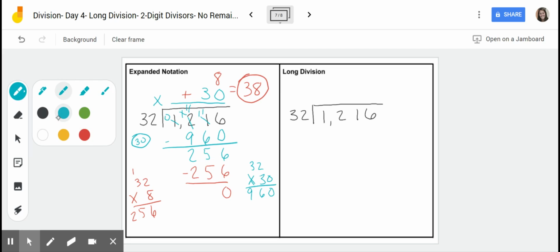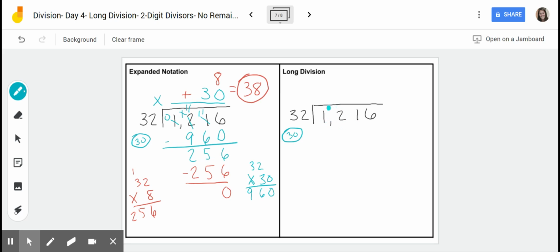Now let's look at this again with long division, focusing on how these are similar. I'm going to again think about 30 to help me reason through this. I'm focusing on the digits, so I'm thinking about this as if it is 12 or 121.